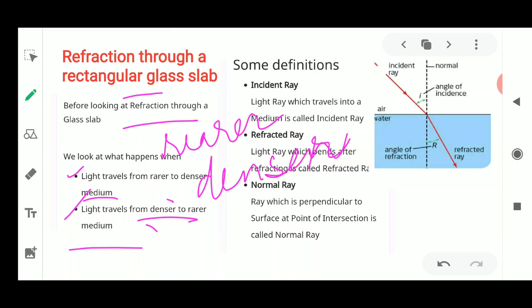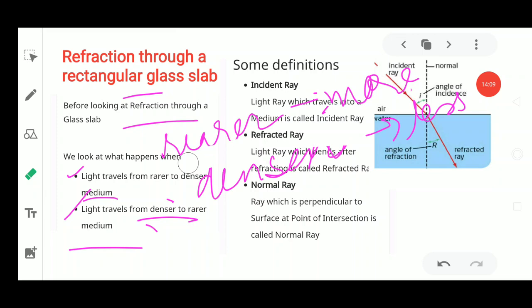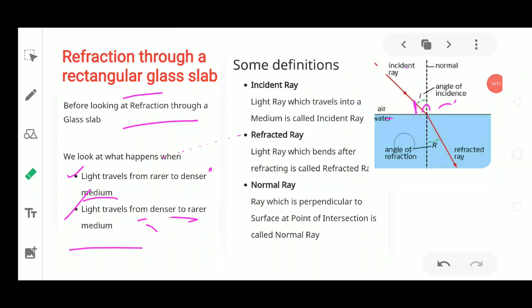The rarer medium is the medium where the speed of light is more, and in the denser medium the speed of light is less. Fine. So this was about the rarer and the denser medium, which we just now discussed: what optically rarer medium means and what optically denser medium means.